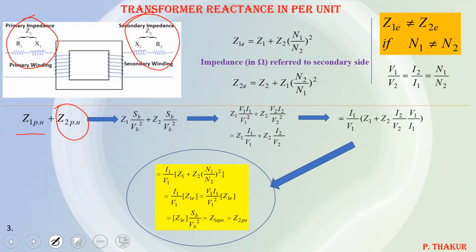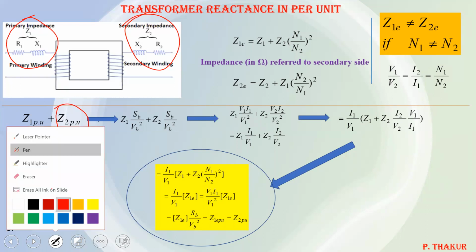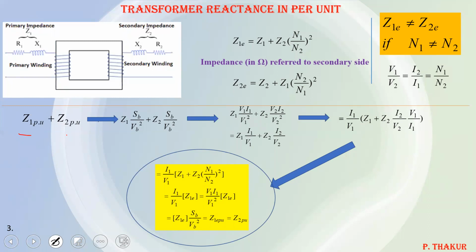So in this slide, you can see if you add these two impedances, then what will be the final result? So this formula is very important. If you want to convert Z in per unit, its actual value into SB by VB square. This formula is very important for this chapter.